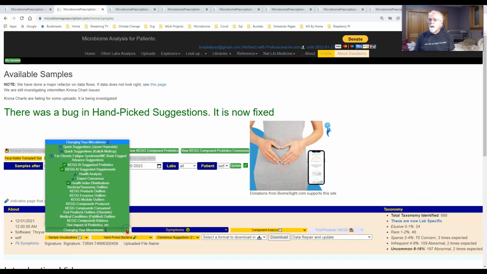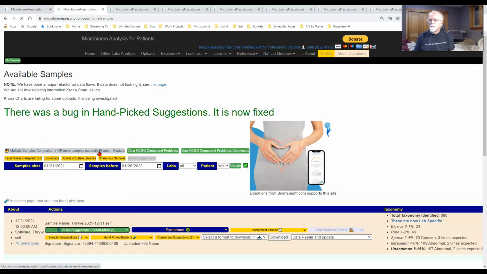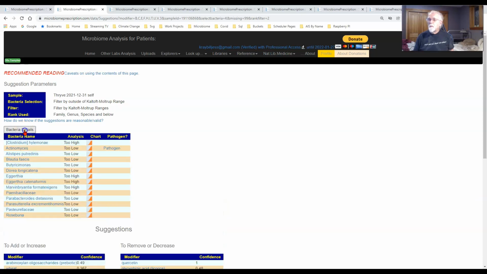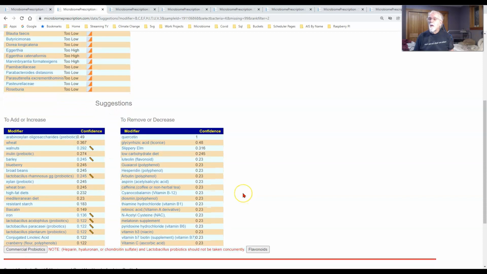Okay, let's go back to here, and we have the count of Motrop, which uses only the items which are extreme high and low. And here we go again, and we have walnut, inulin, barley, wheat. All of them are there, and which bacteria are picked? Those are the ones which are too high and too low. We include every too low here in the list, and away we go from there.